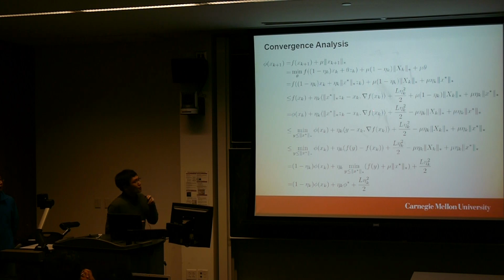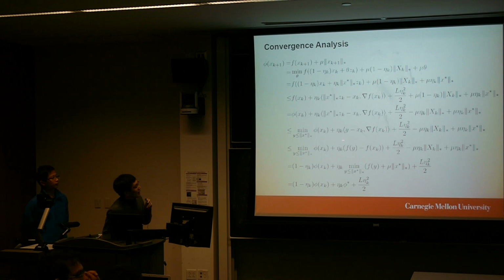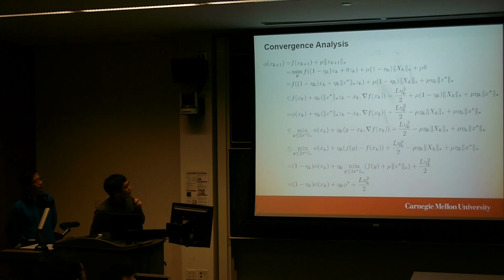By the method we choose the direction, we can say that this is smaller than choosing an arbitrary y that obeys this. Okay? And then again, by the convexity of f, we know that this is smaller than this. Finally, we rearrange these terms to get this one. What is this term?